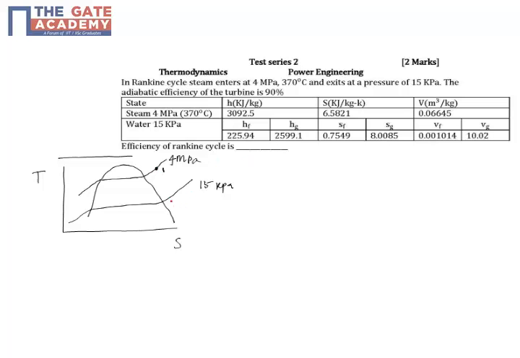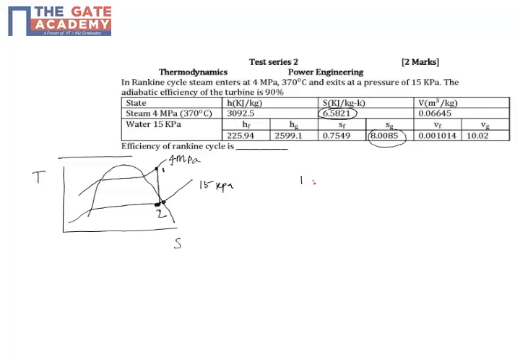Now we need to find out whether state 2 is outside the dome or inside the dome at 15 kPa. One thing is sure, the entropy remains constant. The entropy is 6.5821, and it remains constant at the final state. If you look at SG at 15 kPa, it is 8, which is greater than 6.58. So the entropy at state 2 is just before the dome's saturated vapor line.